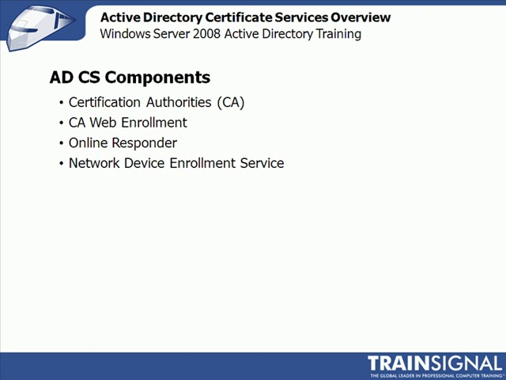Now, there are a number of components that make up Active Directory Certificate Services. And here I have the four main components for you. The first one is your certification authorities. The certification authority, if we go back to our example, is the issuer of the certificate.